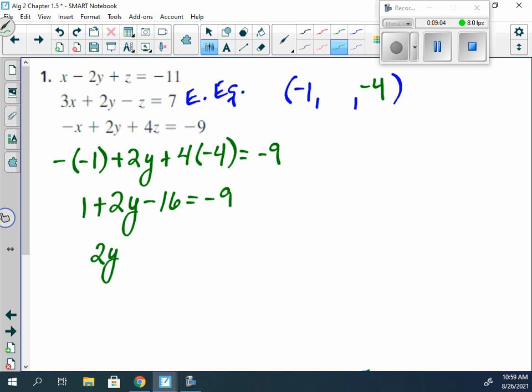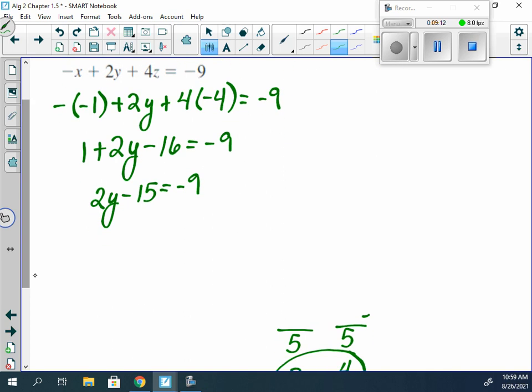2y. Negative 1 minus 16 would be negative 17.